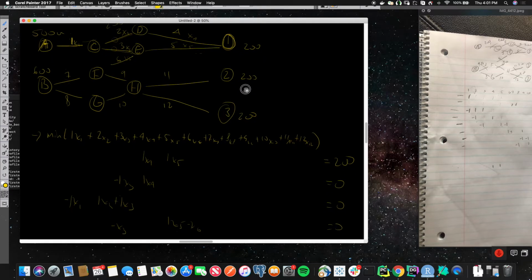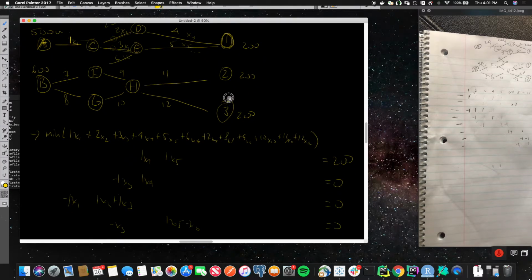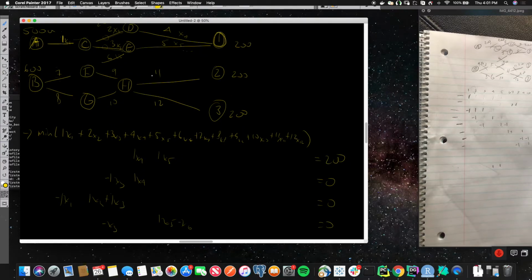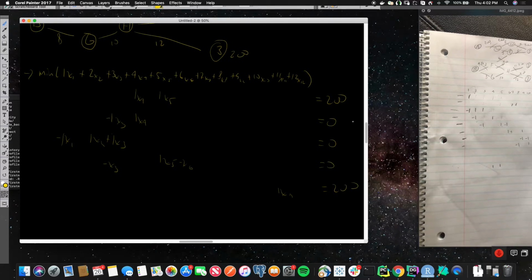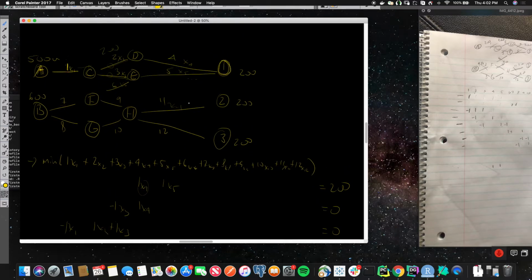All right, let's think about this now. We know that x11 has to equal 200 because we require 200 units over here. So we can say 1x11 is equal to 200. What we're doing here is setting up what these units have to be, and these are the costs up here. So for example, we're going to spend 200 times 4 or 200 times 5, but everything's going to come through here.